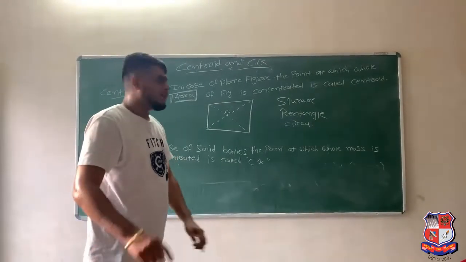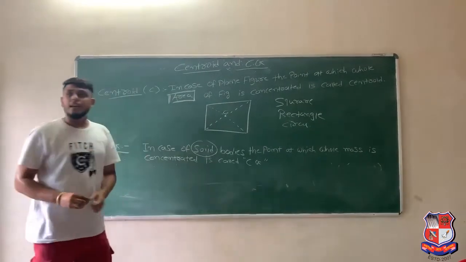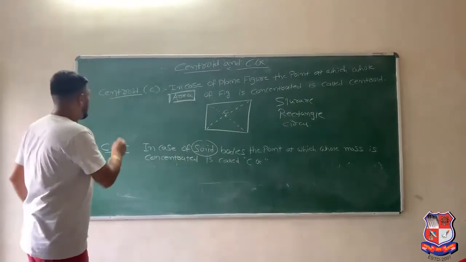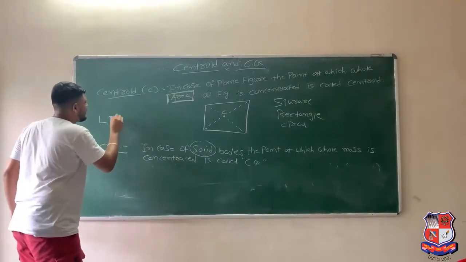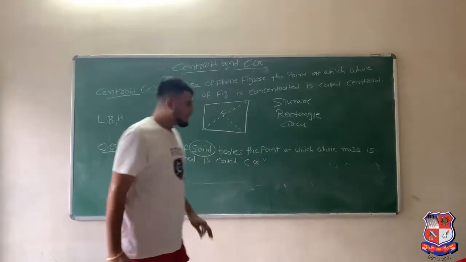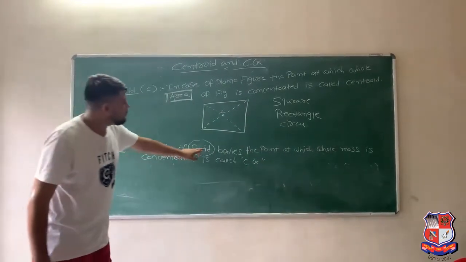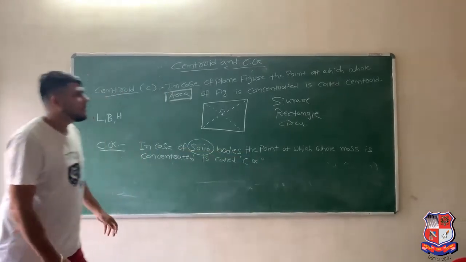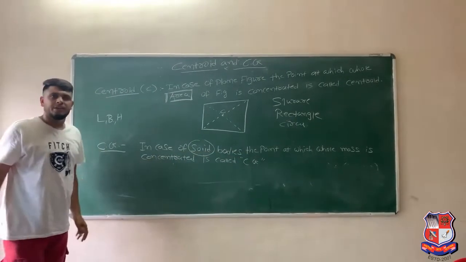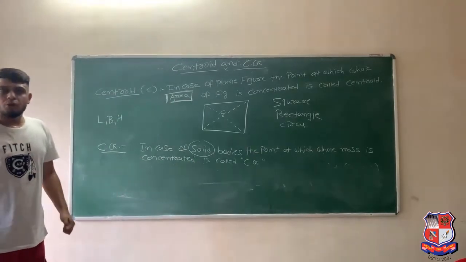CG means, in the case of a solid body which has 3 dimensions, its length, width, and height, we can find the CG, center of gravity. In case of a solid body, the point at which the whole mass is to be concentrated is known as CG. So, what do we mean by mass?